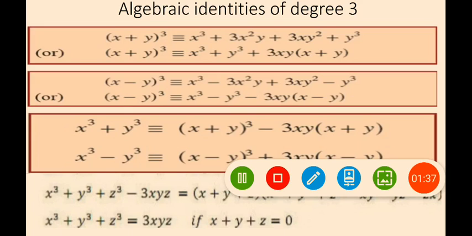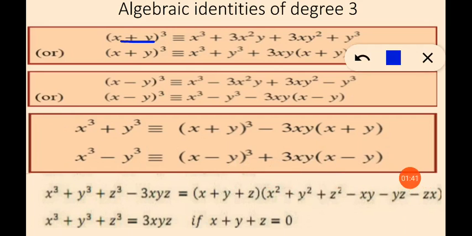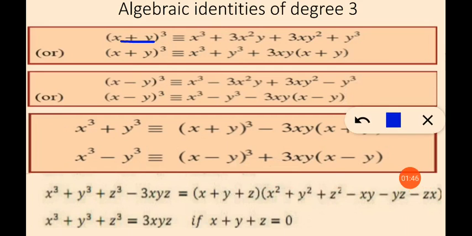The first identity is (x plus y) whole cube, which can be written as x cube plus 3x square y plus 3y square x plus y cube, or the same can be written as x cube plus y cube plus 3xy multiplied by (x plus y), taking x and y common from these two terms.